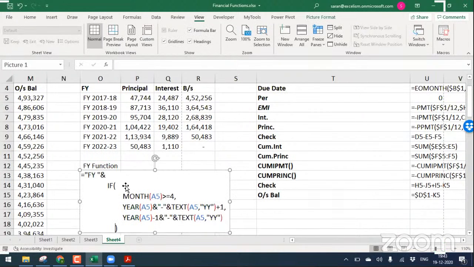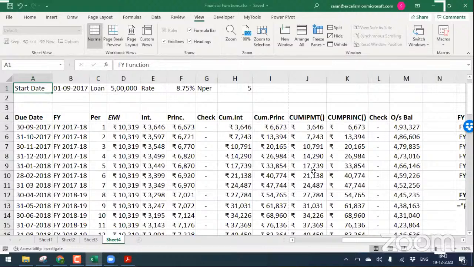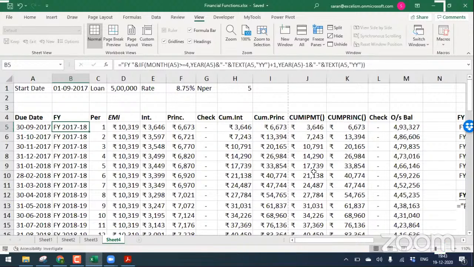So okay, this can be a quick reference for you. That's all. Any question, anyone? We just quickly completed. Yeah, you can play around. If you are good with Excel, financial functions, logical functions, you can do n number of things. Okay, any further questions? Please let me know.